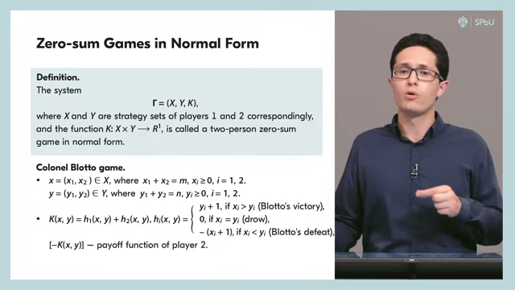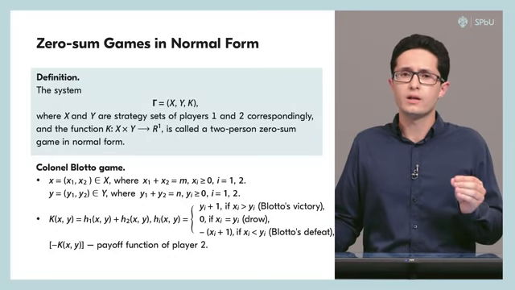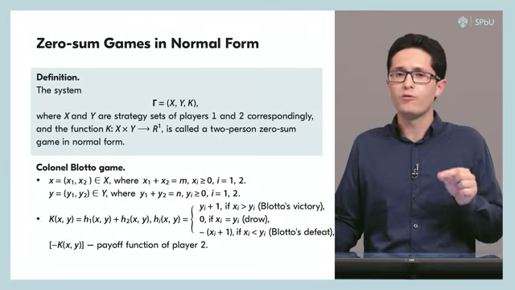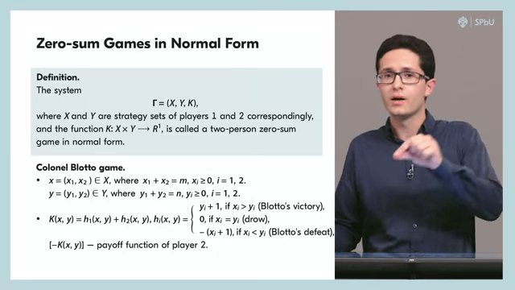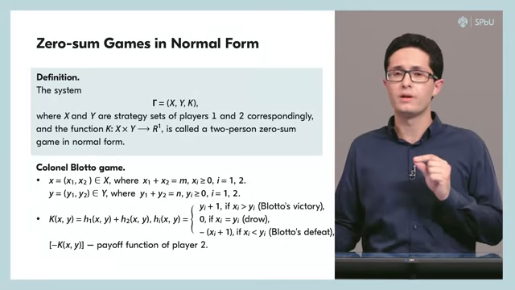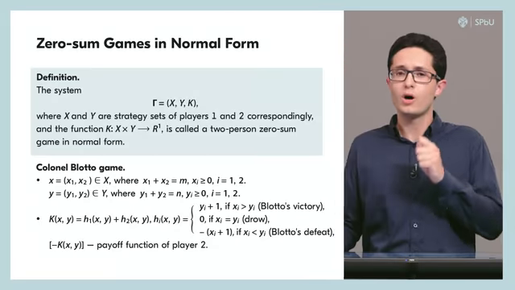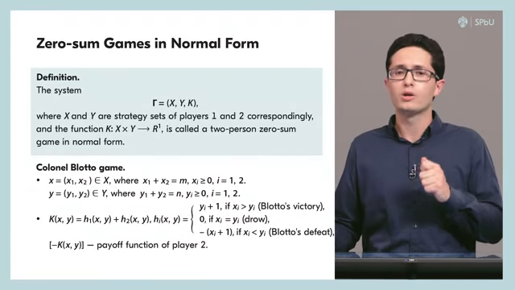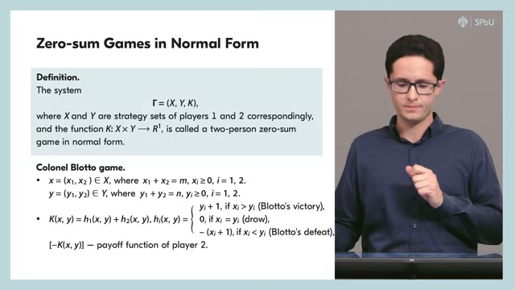The payoff of the first player, Colonel Blotto, is calculated as a sum of payoffs that he obtained on each battlefield. For each battlefield, there are 3 options. The first option is when Colonel Blotto wins.